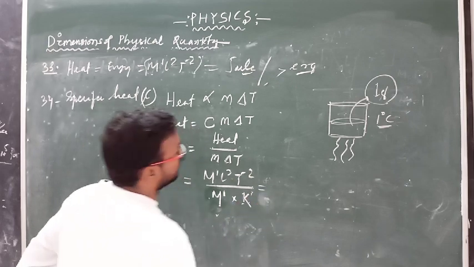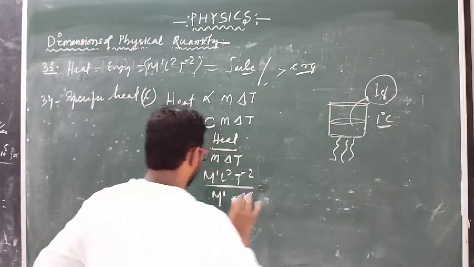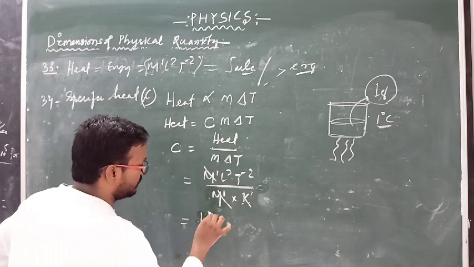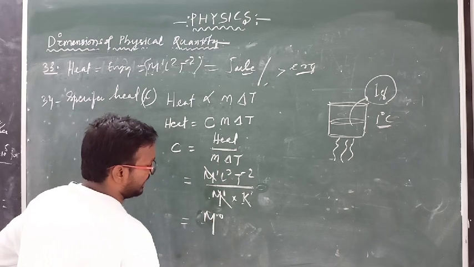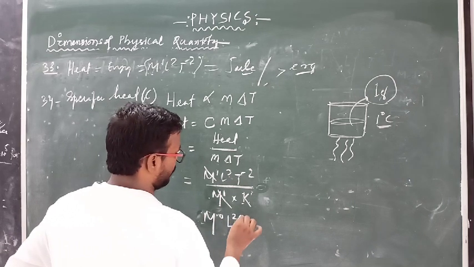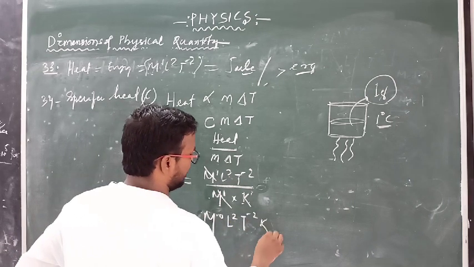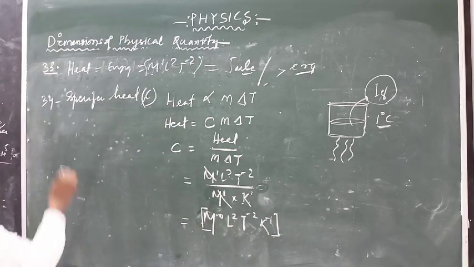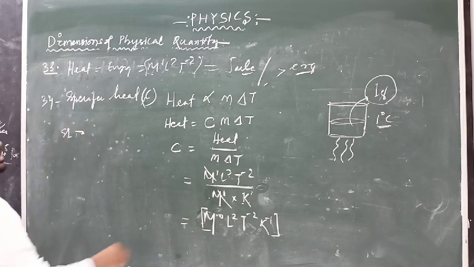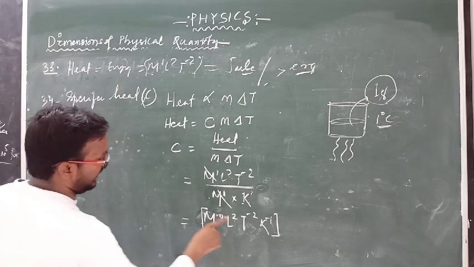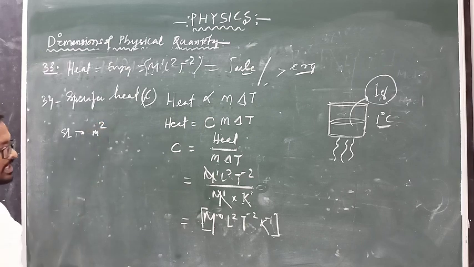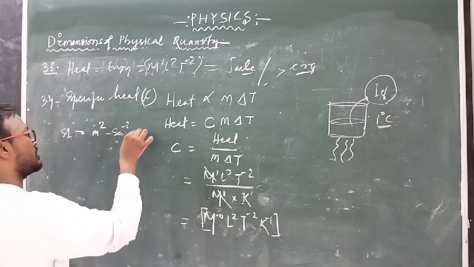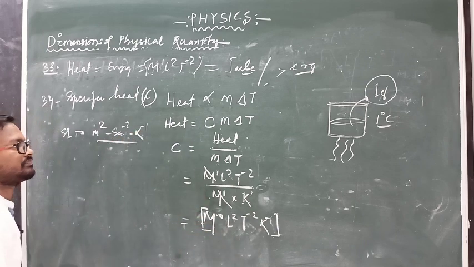So its dimensional formula: M1 cancels, L2, so we can write M0 L2 T^-2 K^-1 is the dimensional formula of specific heat C, and its SI unit you can write from this relation: M0 L2 means meter squared, and T^-2 means second^-2, and Kelvin^-1. This is the SI unit.